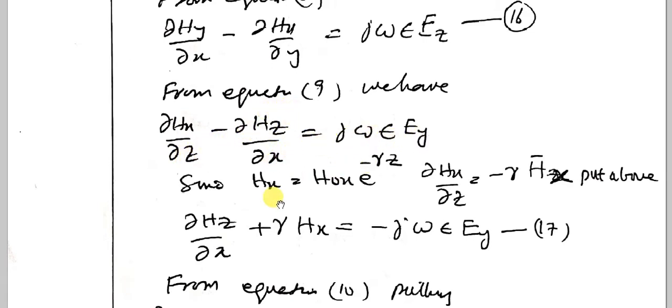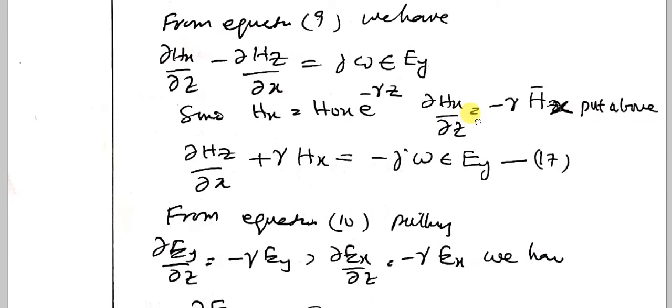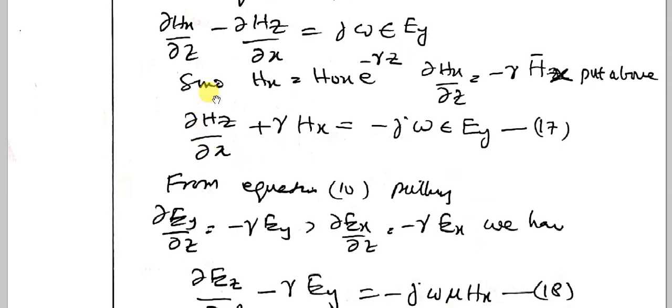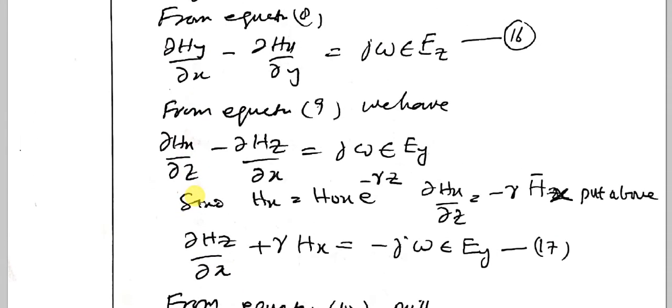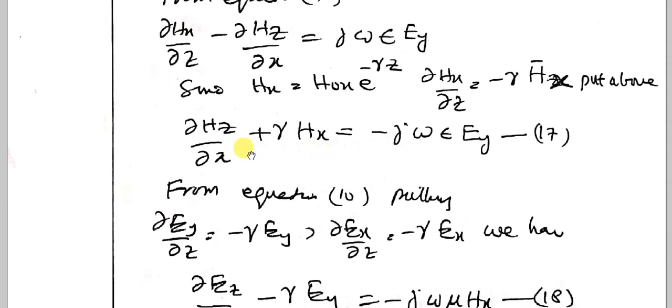Since we have already defined Hx, delta Hx by delta z is equal to minus gamma Hx. It is mathematically straightforward, with very clearly written steps; you can see and follow them. We put the value of delta Hx by delta z, rearranging the terms, and we get delta Hz by delta x plus gamma Hx is equal to minus j omega epsilon Ey, equation number 17.